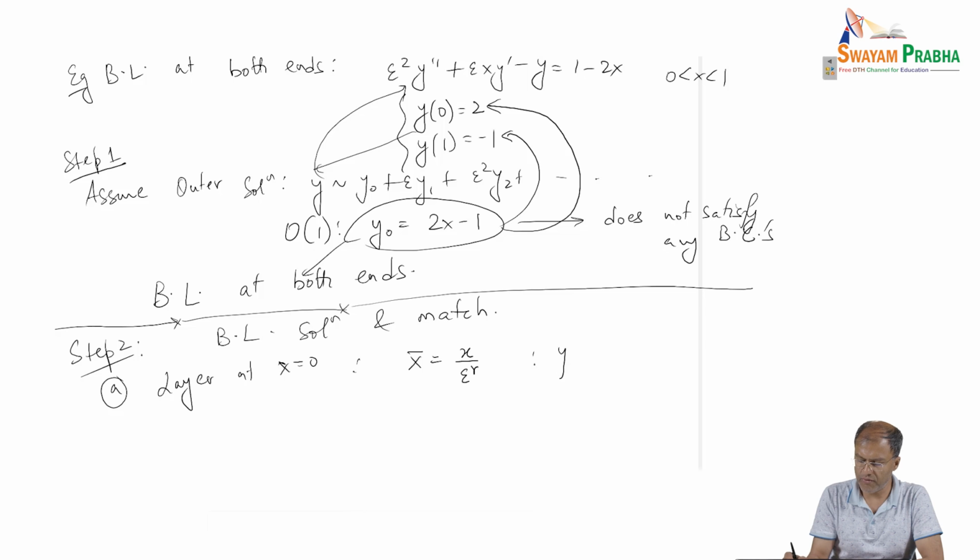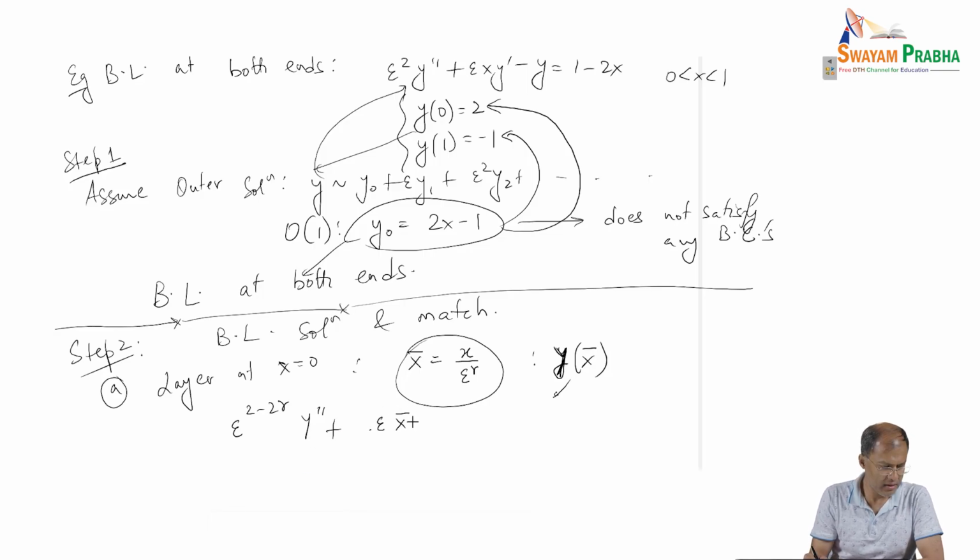And which means that we have y at x bar. We will have to figure out y at x bar, right? So if we assume this rescaling of the independent variable, our new equation comes out to be epsilon to the power 2 minus 2 gamma y double prime plus epsilon to the power 1 minus gamma x bar y prime minus y is equal to 1 minus 2 epsilon to the power gamma x bar.